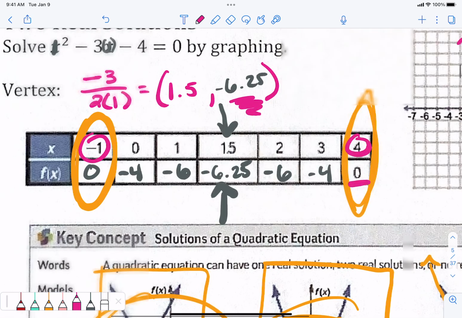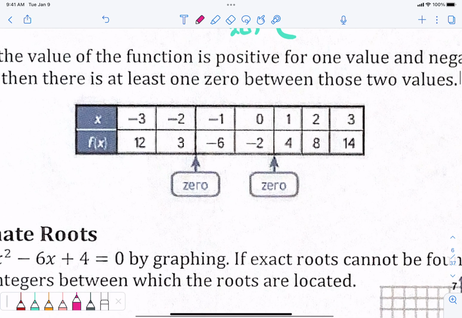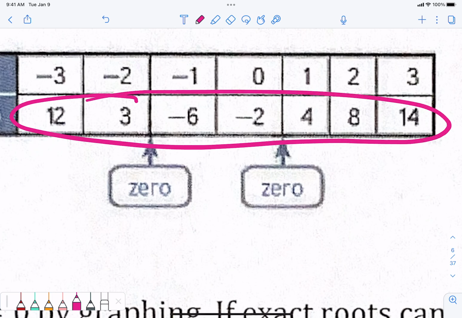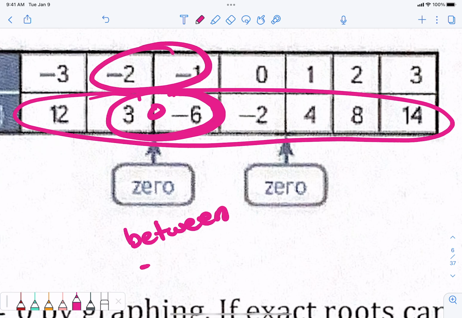But sometimes you'll have a table. Take a look at this table that you have right below. This one doesn't have 0 anywhere here, right? There's no zeros as the y coordinate. Okay, but if I look at positive 3 and -6, 0's got to live in between 3 and -6. So that means I'm going to have a 0 between -2 and -1.